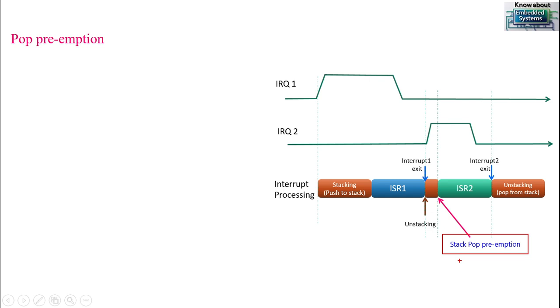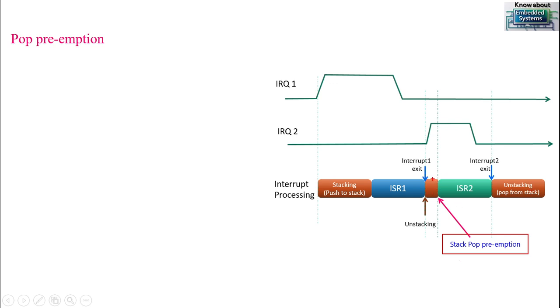The processor has to pop the stacked content, but according to our design, it will not perform the unstacking directly. It will jump to ISR2, and the unstacking process will be kept under suspension, or you can say pending state, and after execution of ISR2, the popping or unstacking process will happen.